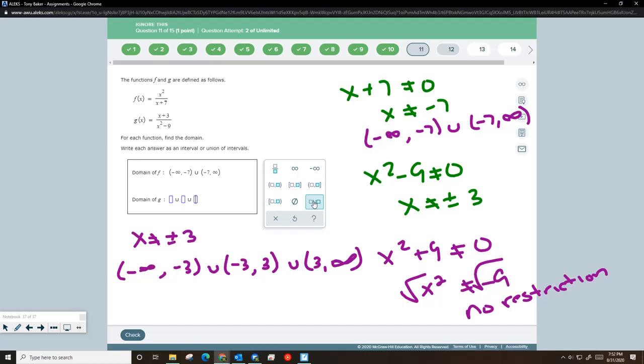And this one I'm going to actually have two of them. So I've got negative infinity to negative 3, negative 3 to 3, 3 to infinity.